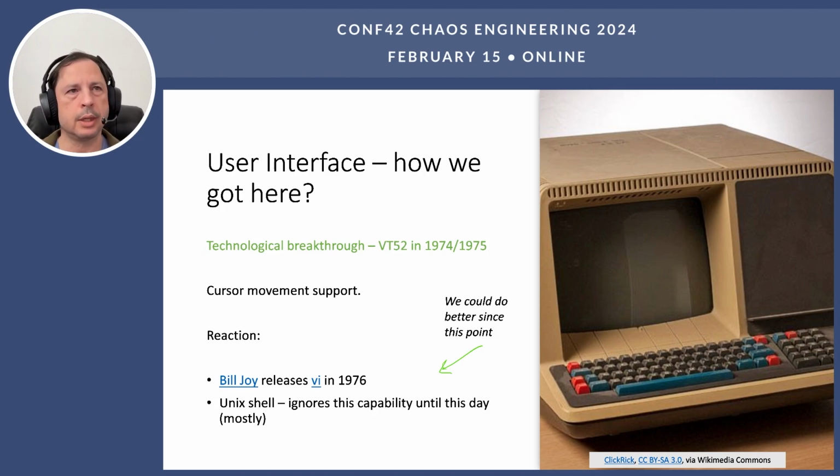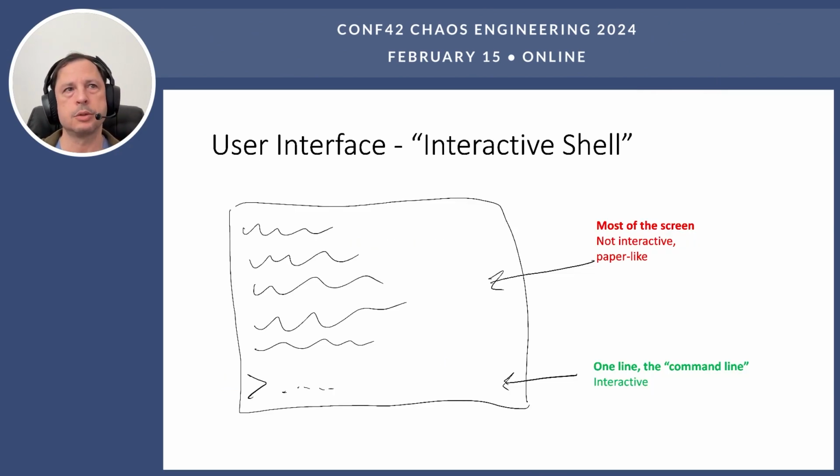How did Unix shell react to this new capability? It didn't, pretty much until this day. So we have the situation in the shell until this day that most of the screen is not actually interactive. It's treated like paper. So the text which is on the screen above the command line is not anything to the shell. The shell doesn't know about that. The shell cannot interact with that.